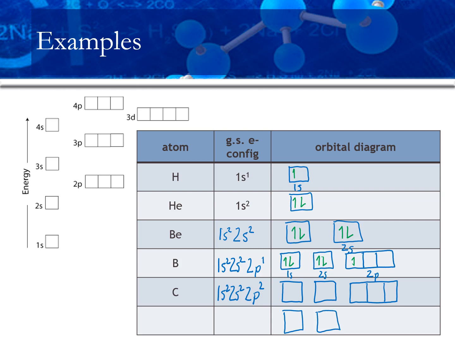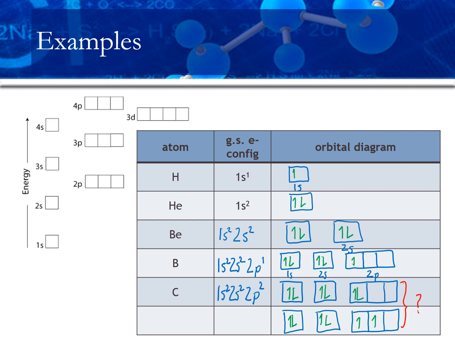If I put in my arrows, they have to be spin paired in the 1s and the 2s. I could put them spin paired in the 2p like that, or I could put them like that. Which one should it be for the lowest energy?